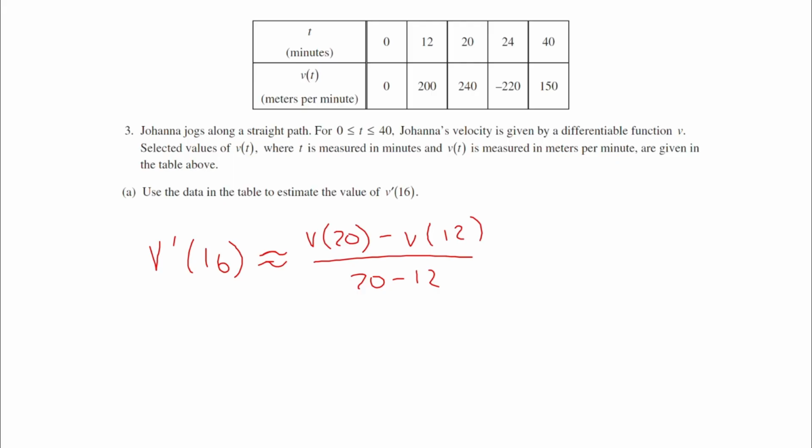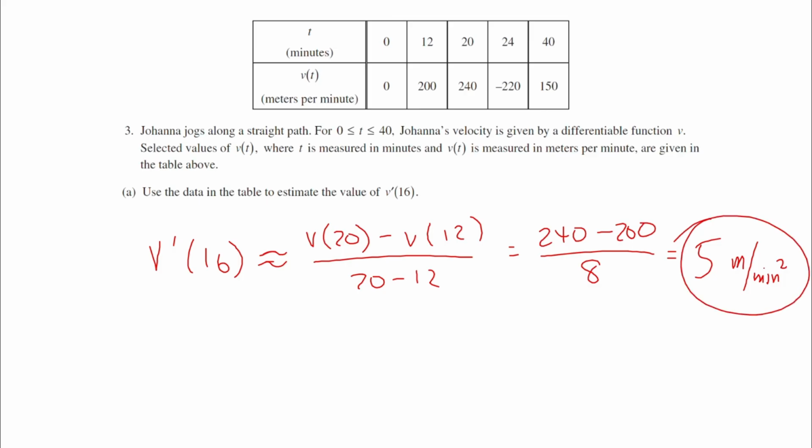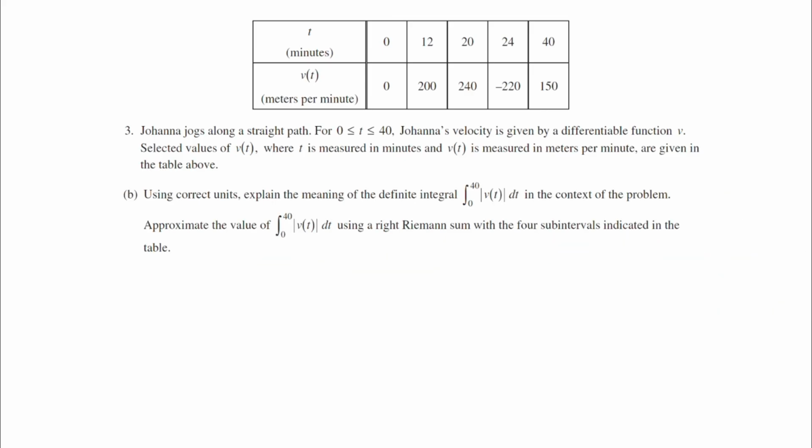And so that's just going to be 240 minus 200 over 8. That'll be 40 over 8, which is just 5. And it doesn't ask for units, but it doesn't hurt to put meters per minute squared. And they just gave you 1 point here for the approximation. And that's it for part A.